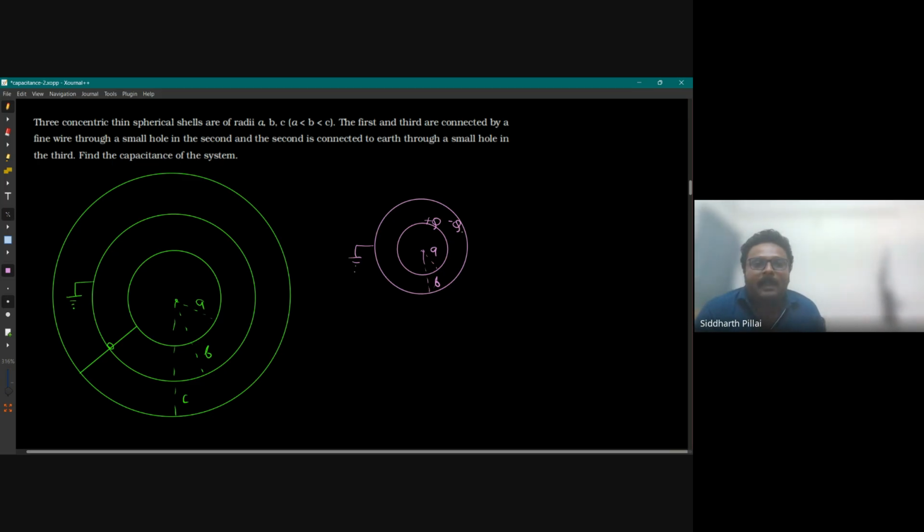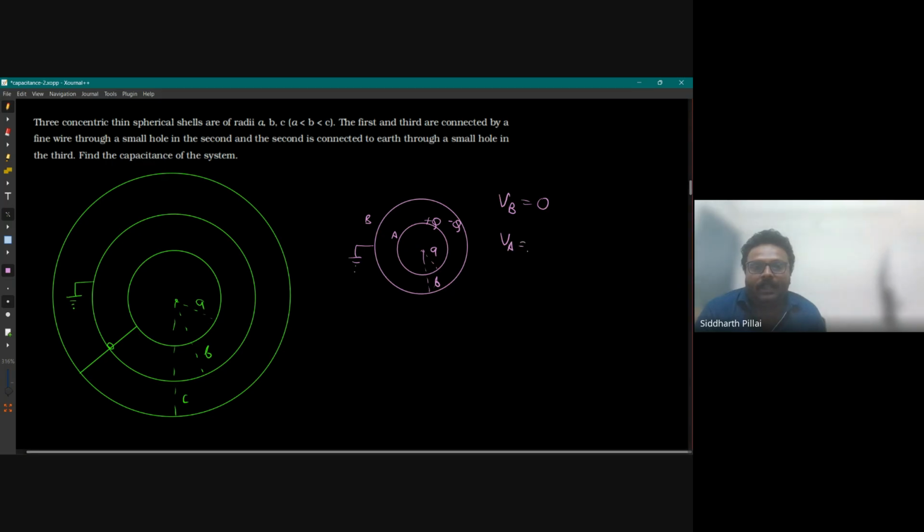Okay. Now, what will I get here? I will get the equivalent capacitance. Let's call it C1. How will I find it? The potential difference. The outer shell is grounded, so let's call it B and let's call it A. So VB is grounded, so that is 0.